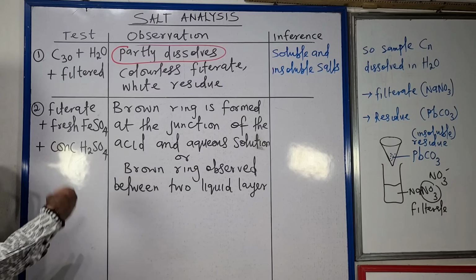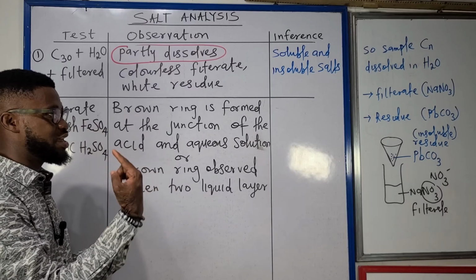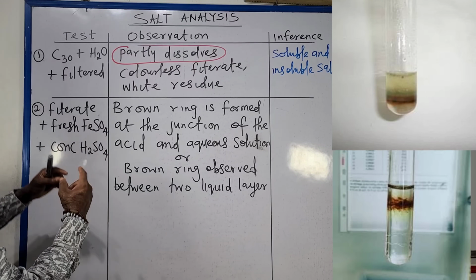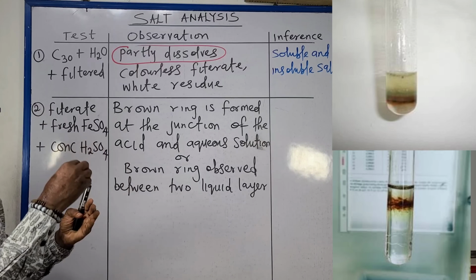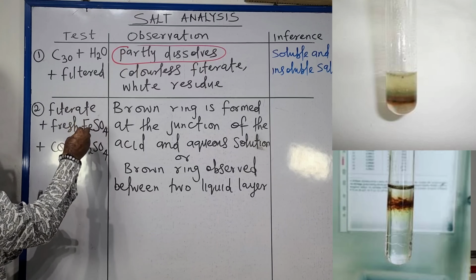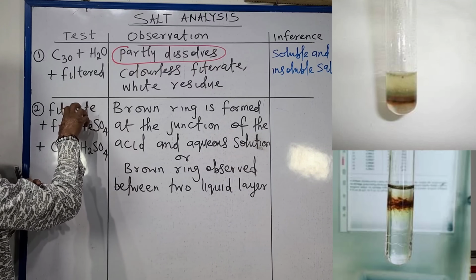When you do that, what is going to be your observation? As you can see on your screen, you're going to see a brown ring formed between the layer, between the junction of the acid. So first you have the filtrate, you're going to add iron sulfate to the filtrate. There you have a certain aqueous solution there.